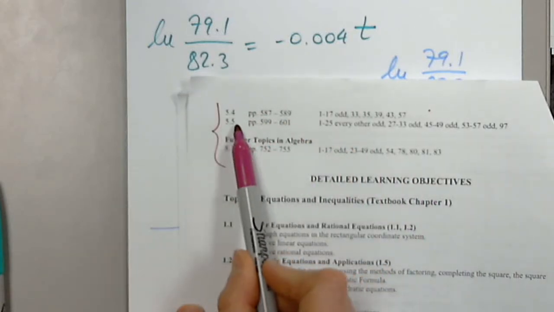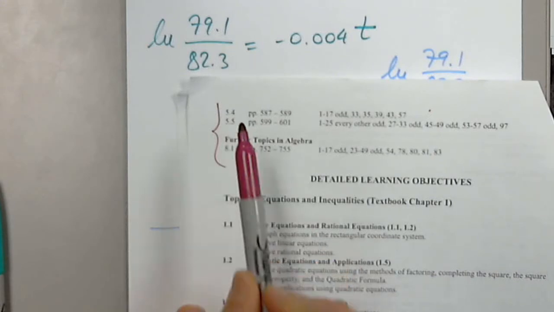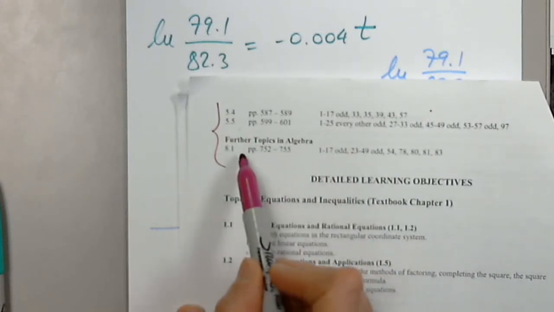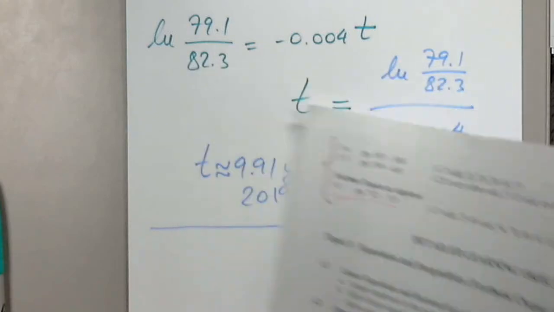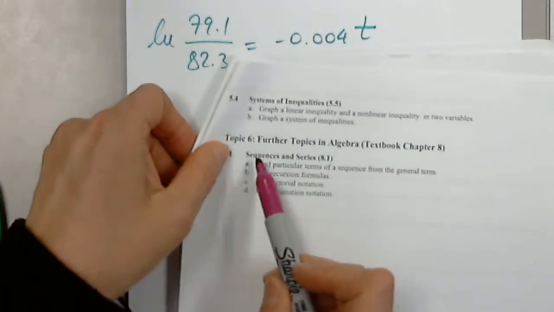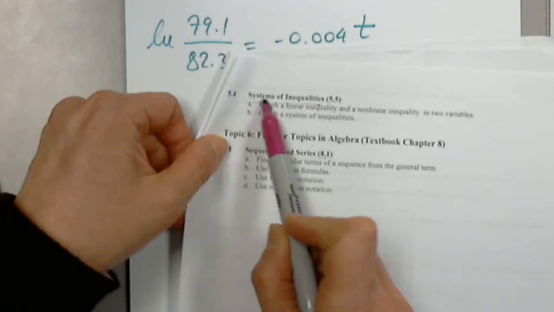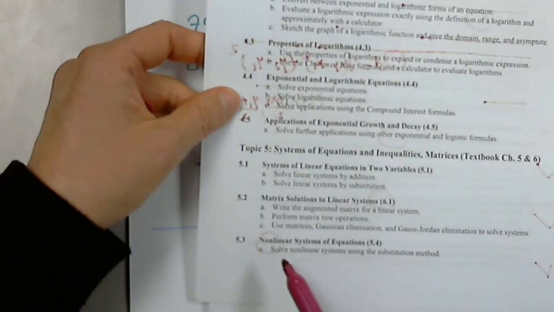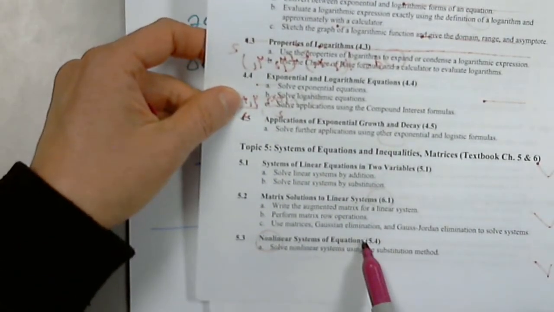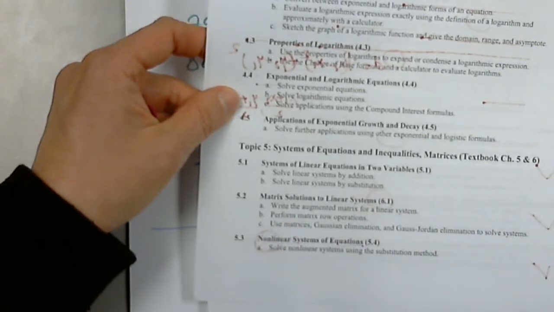So 5.4, 5.5, systems of nonlinear equations, and the last topic of sequences and series, section 8.1. So systems of inequalities, nonlinear systems of equations. Right now we are looking at addition, substitution, and matrices.